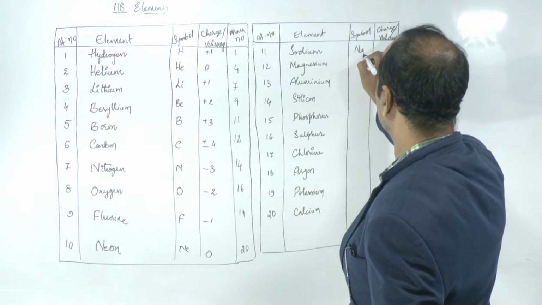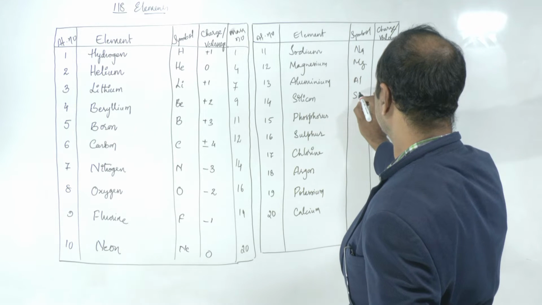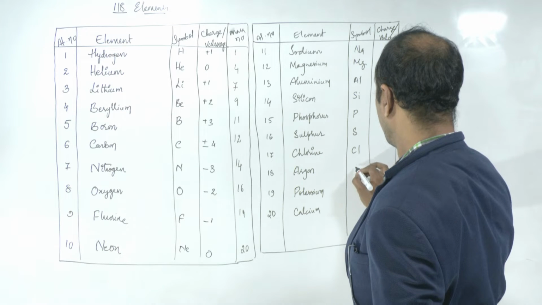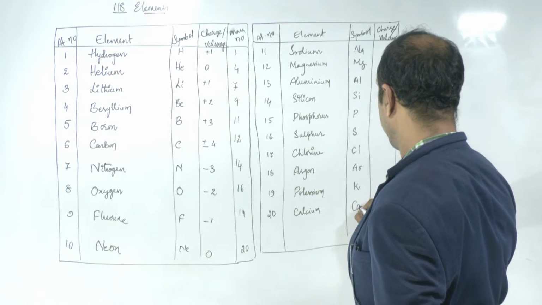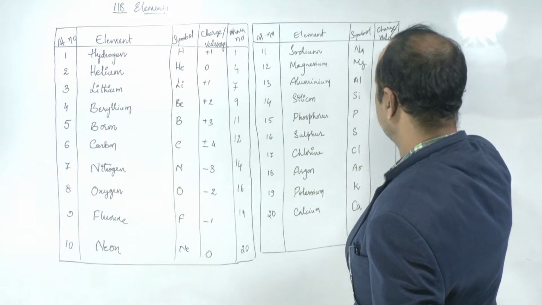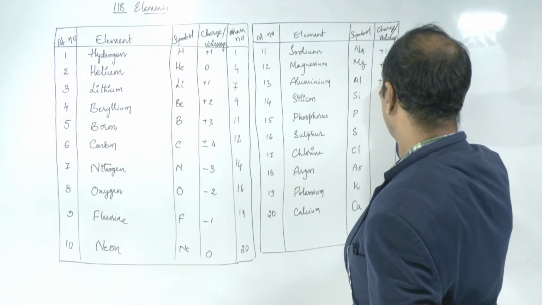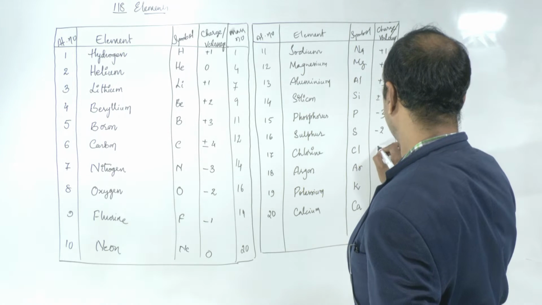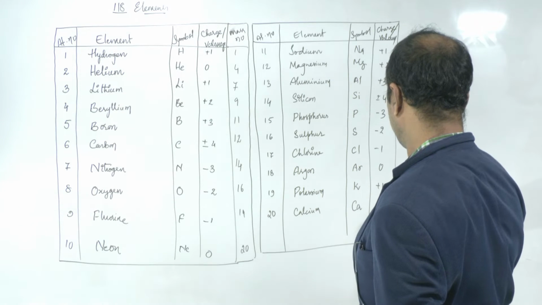Okay, symbols: sodium, magnesium, aluminium, silicon, phosphorus, sulfur, chlorine, argon, potassium, calcium. And what is this? Okay, valences, no? So plus 1, plus 2, plus 3, plus or minus 4, minus 3, minus 2, minus 1, 0, plus 1, plus 2.